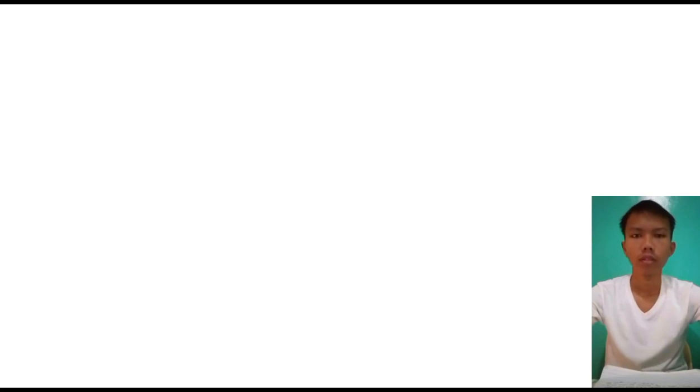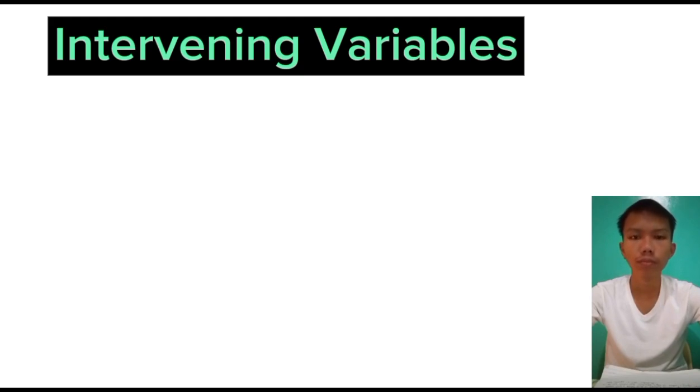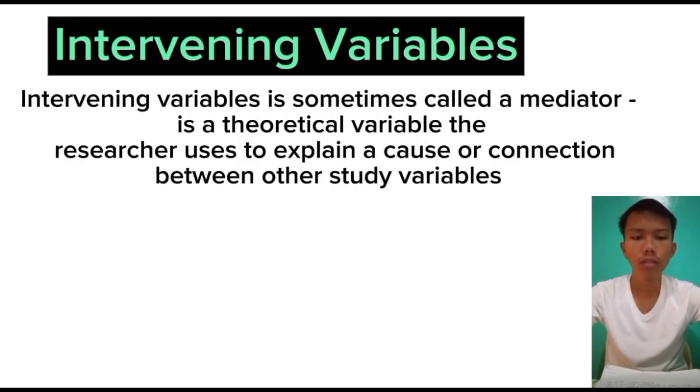So let's move to the other types of variables. First is intervening variables. An intervening variable is sometimes called a mediator. It is a theoretical variable that the researcher uses to explain a cause or connection between other study variables, usually the dependent and independent ones.